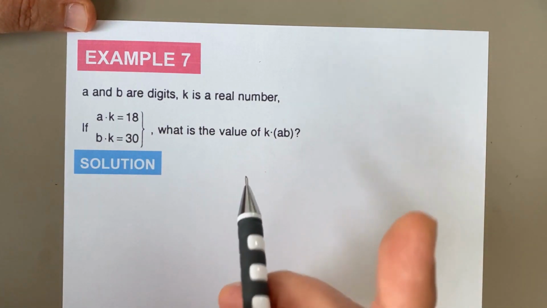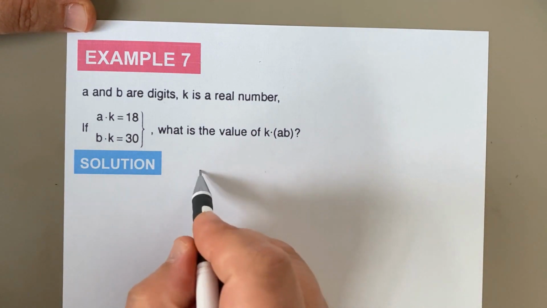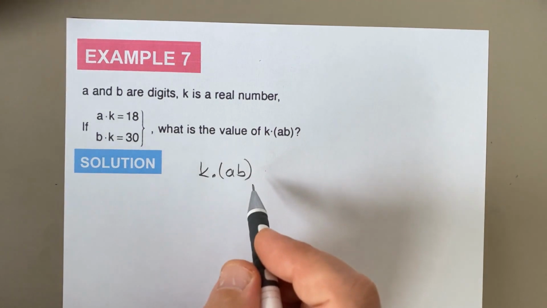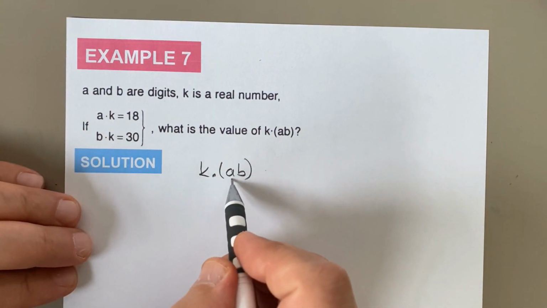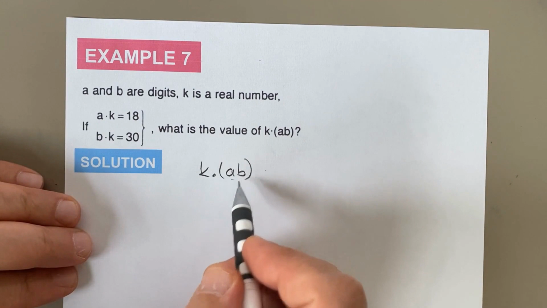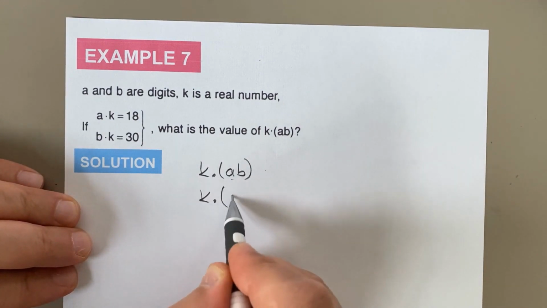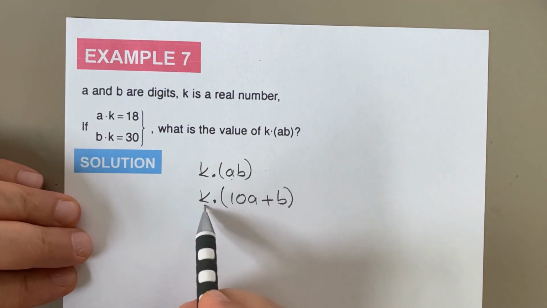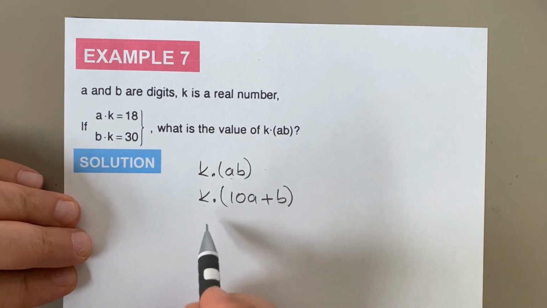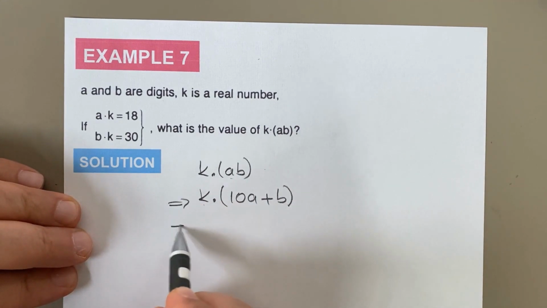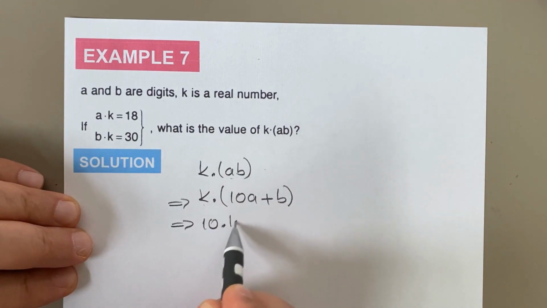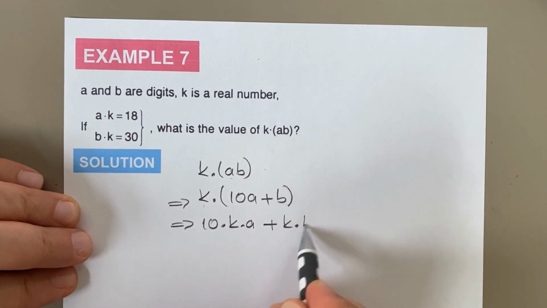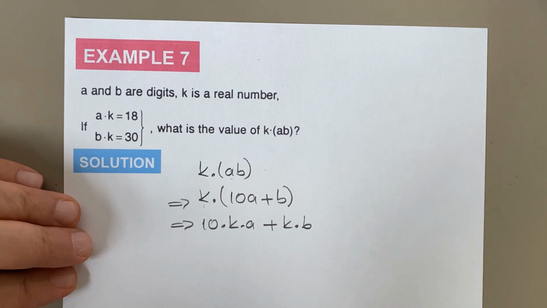We will start from the request. Look, now it has given K times AB. Pay attention. Here, A and B, you know, is a 2-digit number. If we analyze this, AB will be in the form of 10A plus B. What do I get when I distribute this K inside the parentheses? Look carefully. 10 times K times A plus, again, K times B. Now I want you to pay attention to this.